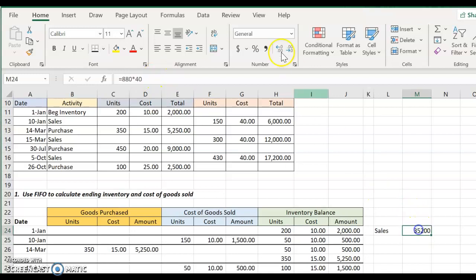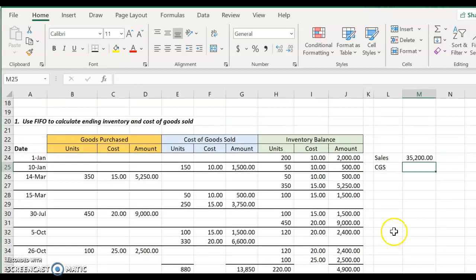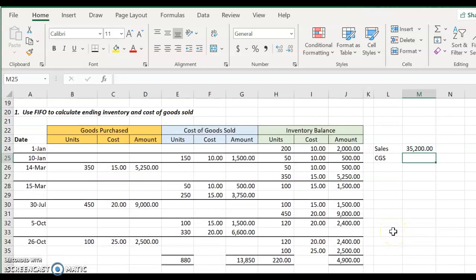So my sales are 35,200. My cost of goods sold is the 13,850. So my gross profit is the difference between those two.